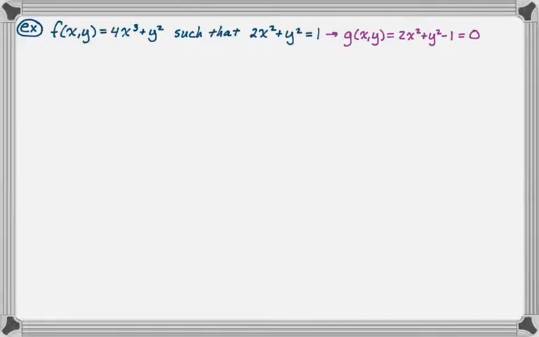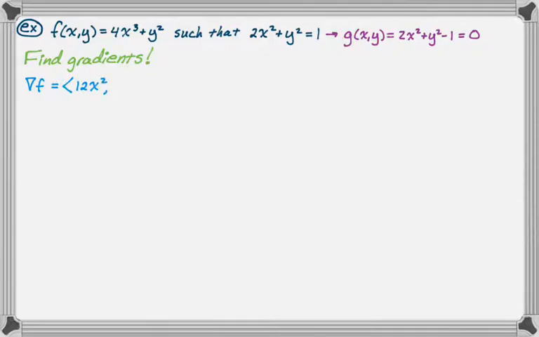Now we are going to implement the plan. I need some gradients, so I'm going to find them. First, the gradient of f. I need partial x. The function f is 4x^3 + y^2, so 4x^3 is where all the x's are. The derivative with respect to x is 12x^2, so that's partial x.